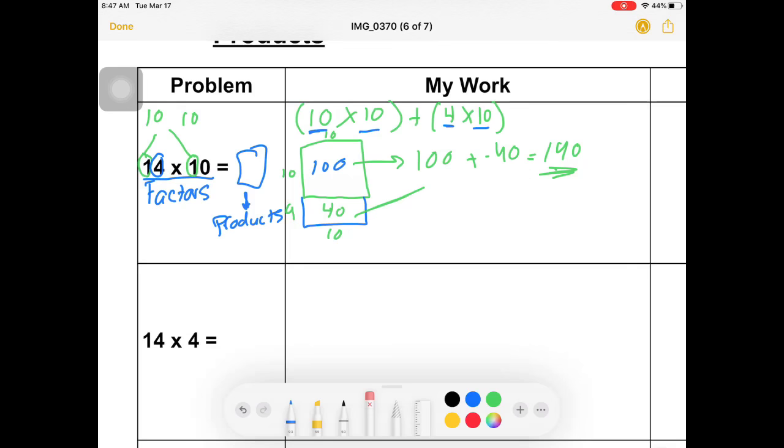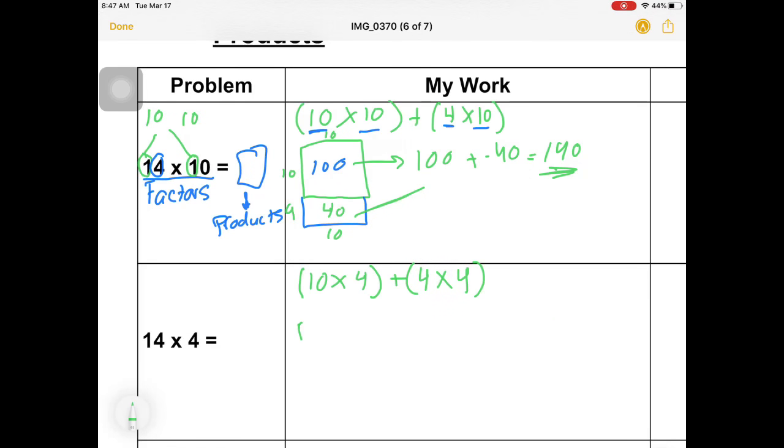If you take a look at this next one, you'll notice that it's kind of similar. We could take this first multiplication equation of a 10 times 4, and then we can add a 4 times 4, in which that array would look something like this.